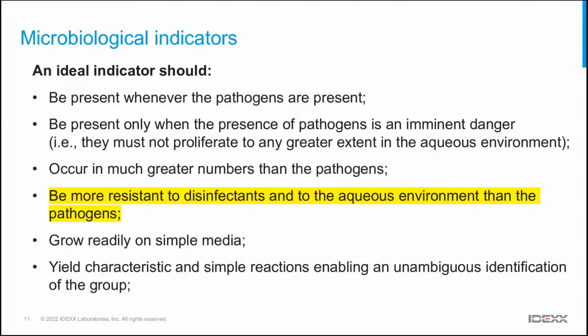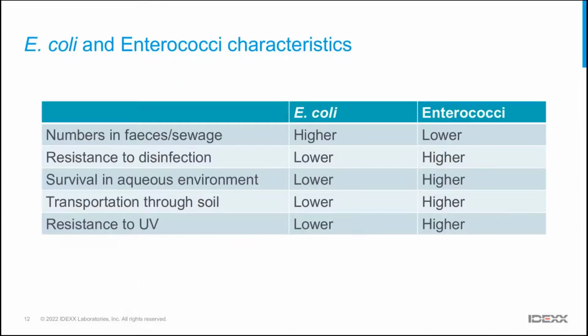They should occur in much greater numbers than the pathogens. And this fourth one here, be more resistant to disinfectants and to the aqueous environment than the pathogens themselves. Also, they should be easily cultivable on simple media and yield characteristic and simple reactions. So in other words, there should be a lot of them, they should be there when pathogens are there, and they should be easy to detect.